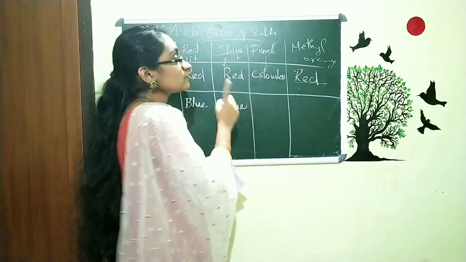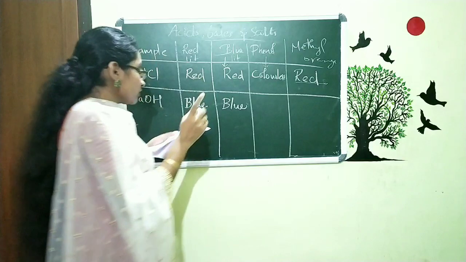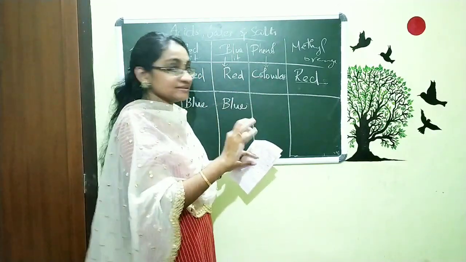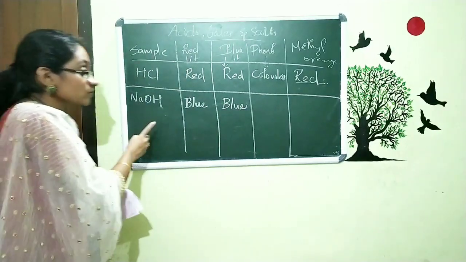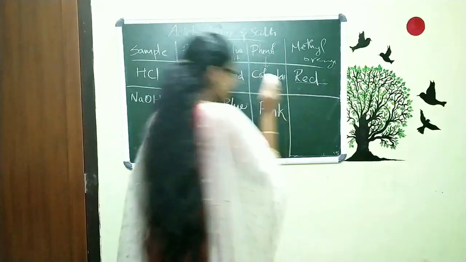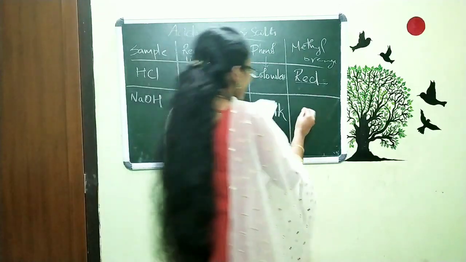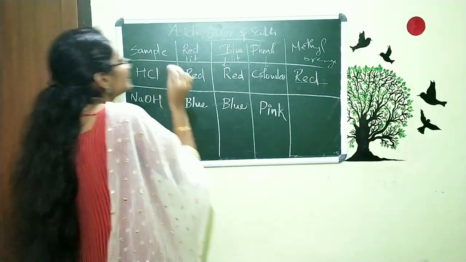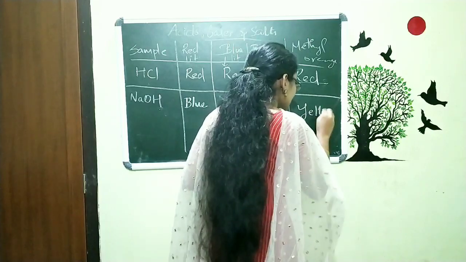And now the question is, what about the phenolphthalein and methyl orange? For phenolphthalein, in the initial stage it has no color, that is, colorless. Then when sodium hydroxide is added, the color changes to pink. And when sodium hydroxide reacts with methyl orange, the color is yellow.